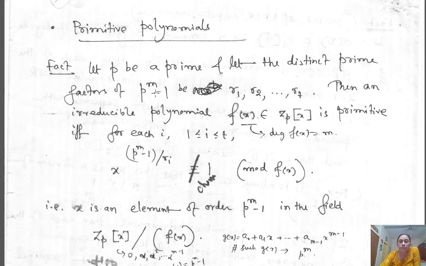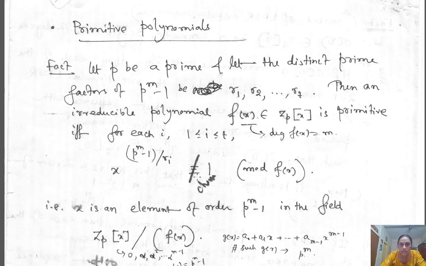So it means that the order of x cannot be less than this. If you check all the (p^m - 1)/ri for i from 1 to t, and none of them gives you 1 modulo f(x), that means x^((p^m-1)/ri) - 1 is not divisible by f(x).